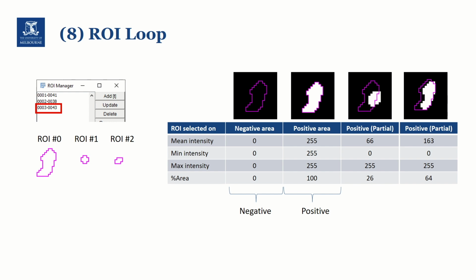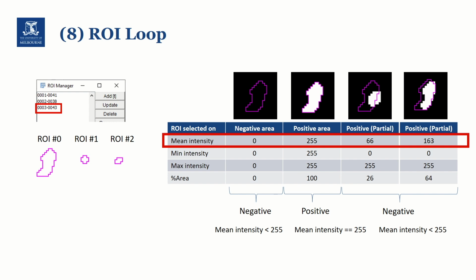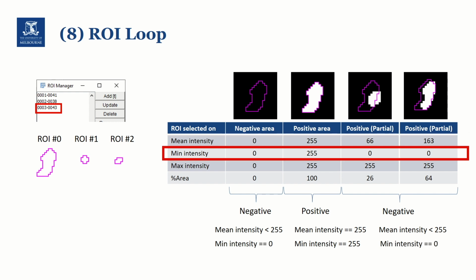But sometimes we may want to set the criteria more strictly, so counting this partial group also as negative, then we will have to change the criteria so that if we are using the average intensity, a positive cell should have a value equal to 255, and a negative cell should have a value less than 255. Or if we are using the minimum intensity, a positive cell should have a value equal to 255, and a negative cell should have a value equal to 0.